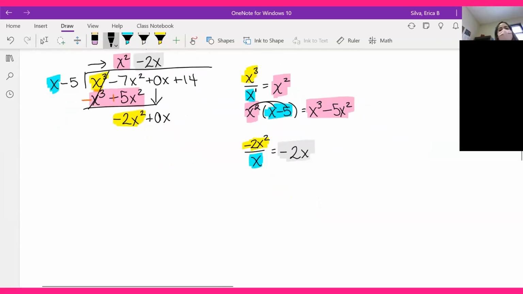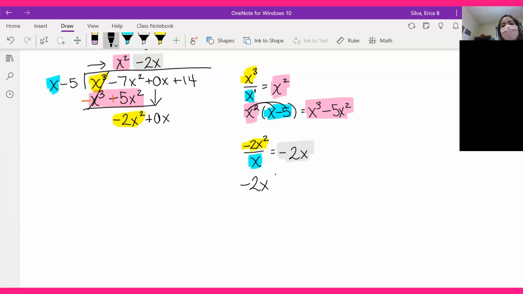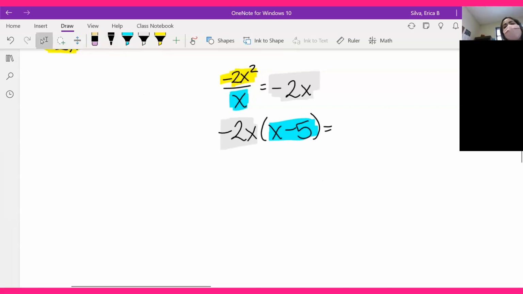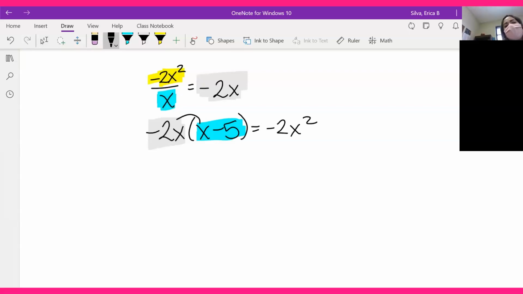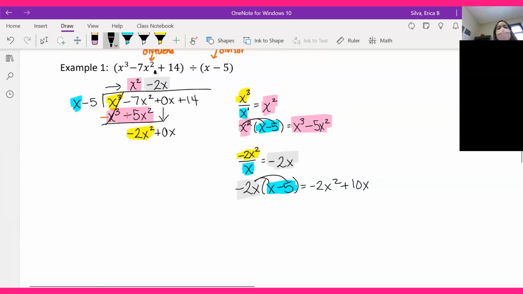And now we're going to multiply that times the expression in the divisor, which is x minus 5. And then we distribute. Negative 2x times x is negative 2x squared. Negative 2x times negative 5 is positive 10x. So this whole thing, we're going to write it under here. Negative 2x squared plus 10x.